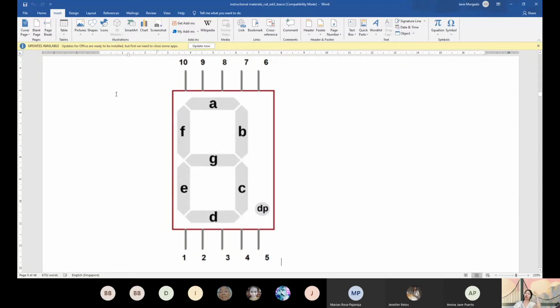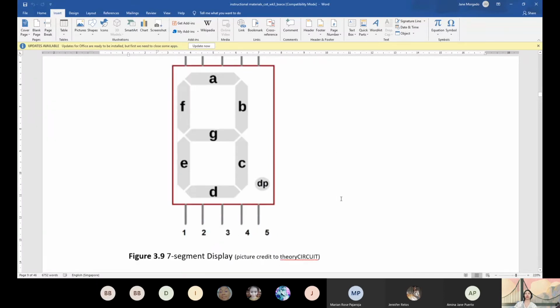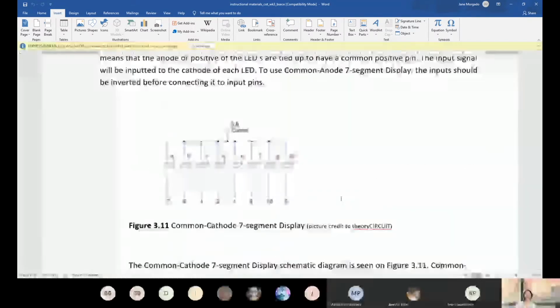So how many inputs to have 0 to 9 output? BCD to 7-segment.